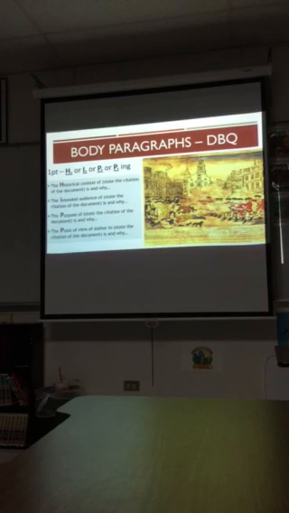Now, you can use this right here, the Paul Revere. We did this in class as an example. The historical context of document A is the Boston Massacre. And it's important because the intended audience of document A is colonists, because it shows the colonists actually being the victims of the English soldiers.